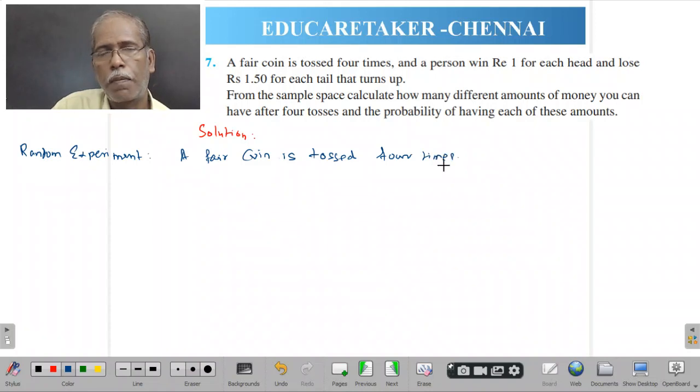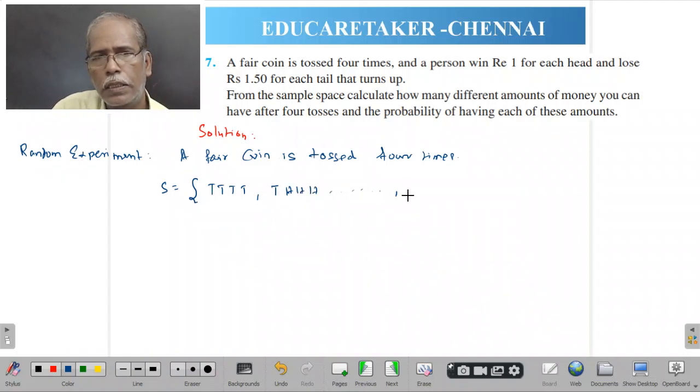Then we can record this sample space: all 4 tails, one of the options; then 1 tail and 3 heads. You have to fill in all the possibilities. Finally, all 4 can be heads.